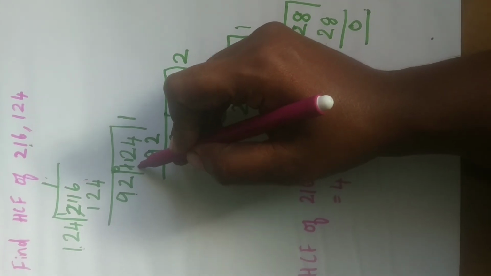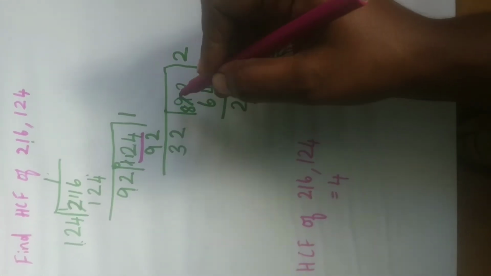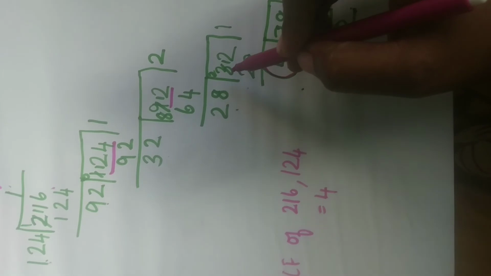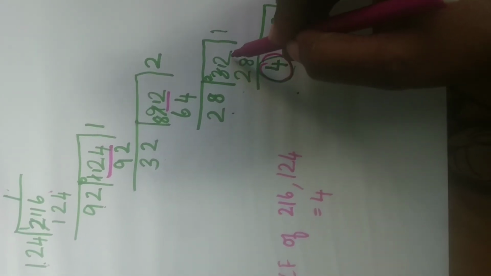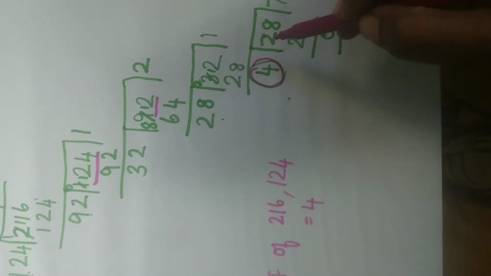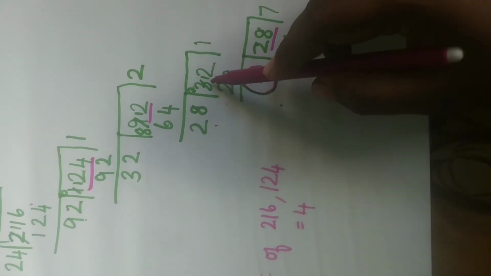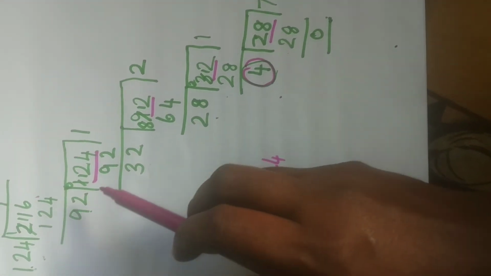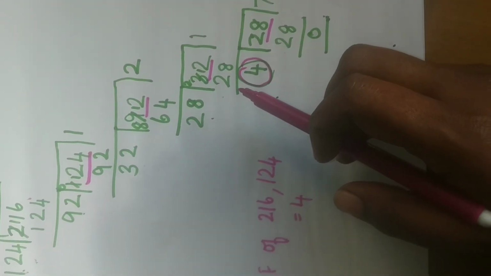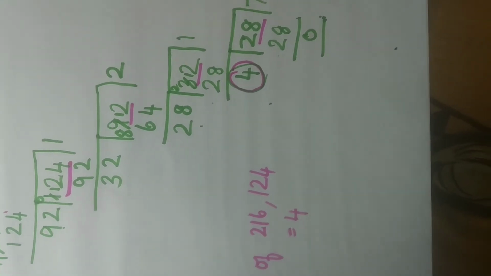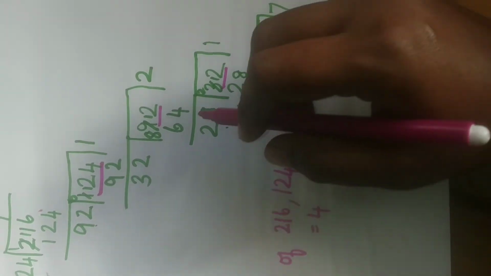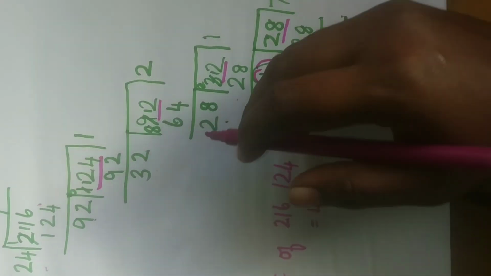See here, 124, then this 92 becomes the next dividend, and this 32 becomes the dividend here, and here the 28 becomes the dividend. So what are the dividends? The dividend is the older divisor, the previous divisor, isn't it?